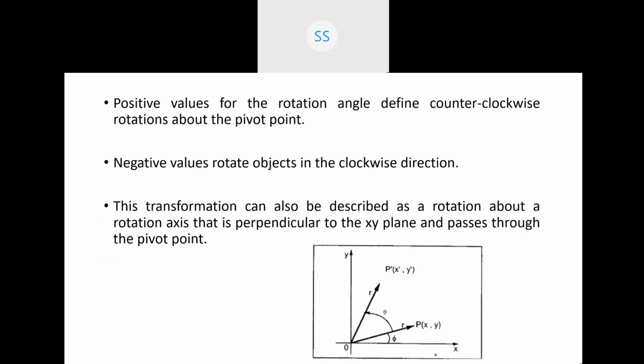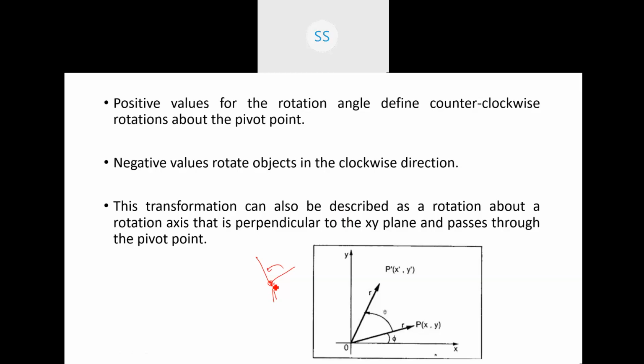Now this transformation is actually described as a rotation about a rotation axis, isn't it? And that axis is actually what? It is perpendicular to the xy plane. Imagine this is your xy plane, and then you have an axis about which a point rotates.